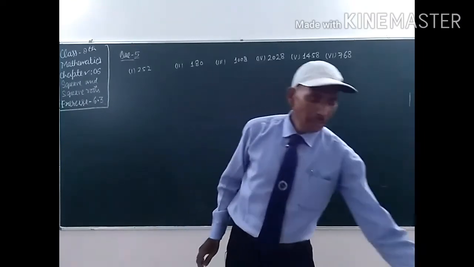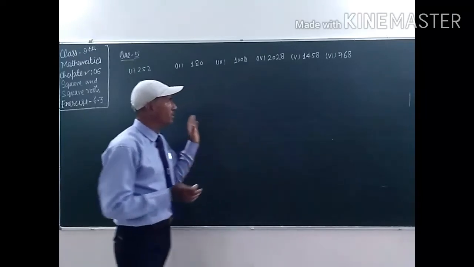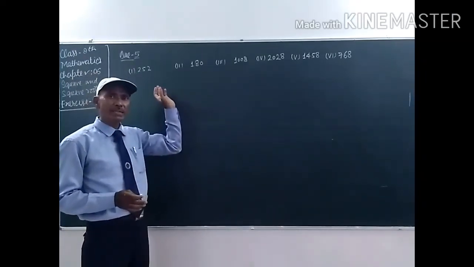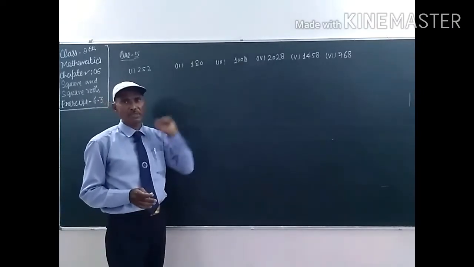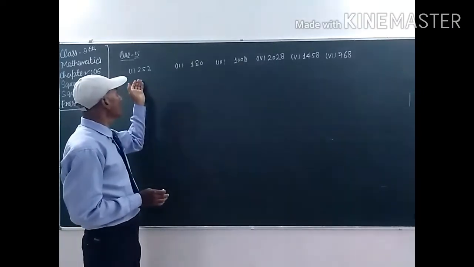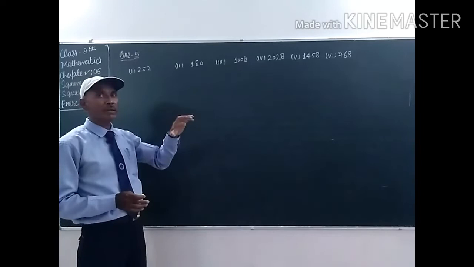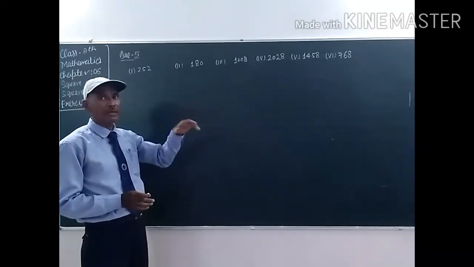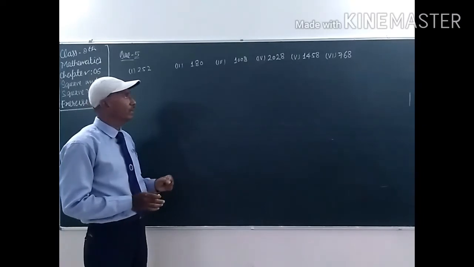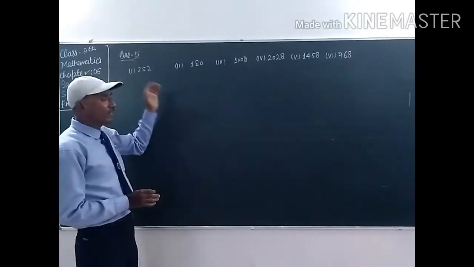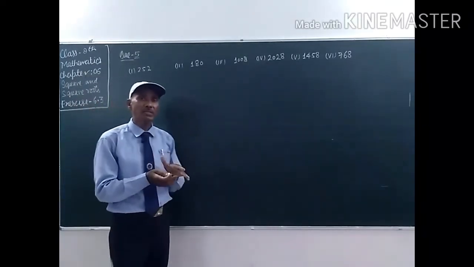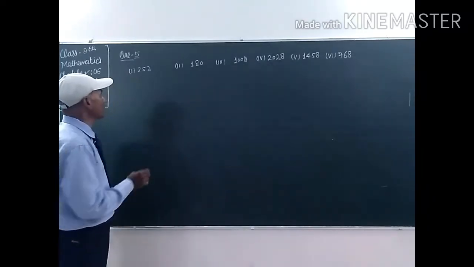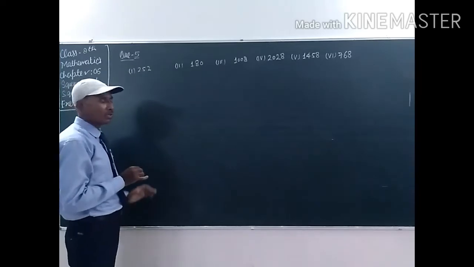So in this question, student, in question number 5, there are some numbers given and these numbers are not perfect square numbers, student. We have to find the smallest number by which these numbers must be multiplied to make it a perfect square, and after that we have to find the square root of the numbers so obtained. So the first part of this question is 252. Clear, student?